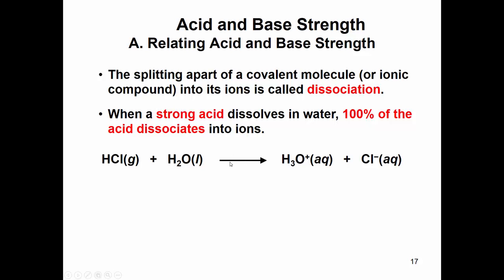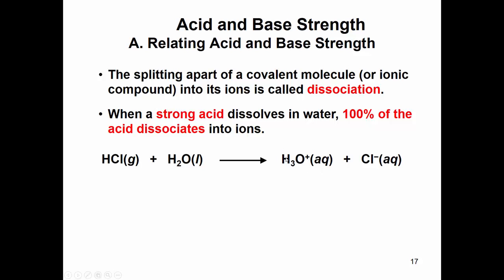So we get this single reaction arrow, meaning all of the HCl reacts with water. There's your acid, there's your base. It loses a proton, so there's your conjugate base. Water acts as a base, and you get your conjugate acid. If you need review of this, look back at the previous video.